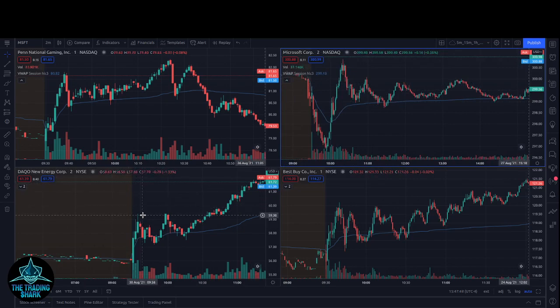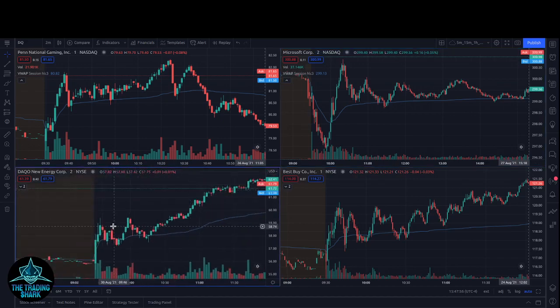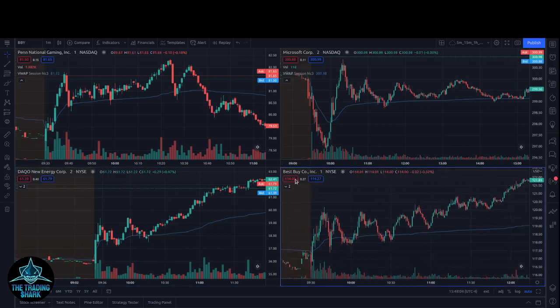And here DQ did two tests, one test and one retest before going up. So that's definitely something you can use for your trades. And BBY here on a 1-minute chart, same here, it kept on going to the VWAP and bouncing, going back and bouncing, down and bouncing.